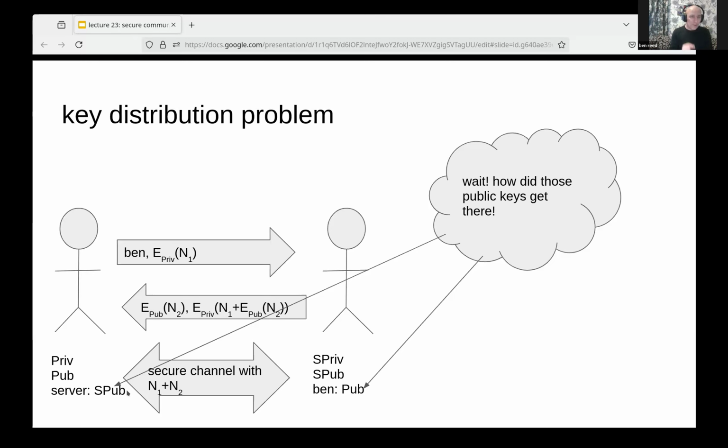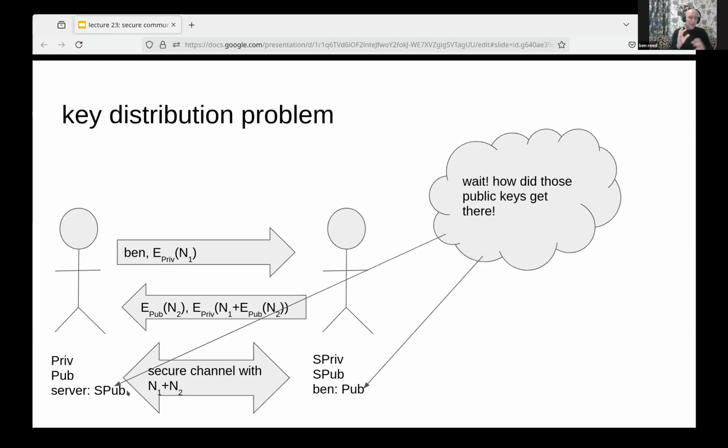And even more importantly than sending out these public keys, the receiver of the public key needs to know who it corresponds to, right? Because if I send out my public key and I say, hey, here's my public key, and by the way, it corresponds to Elon Musk, then I could start impersonating Elon Musk, right?